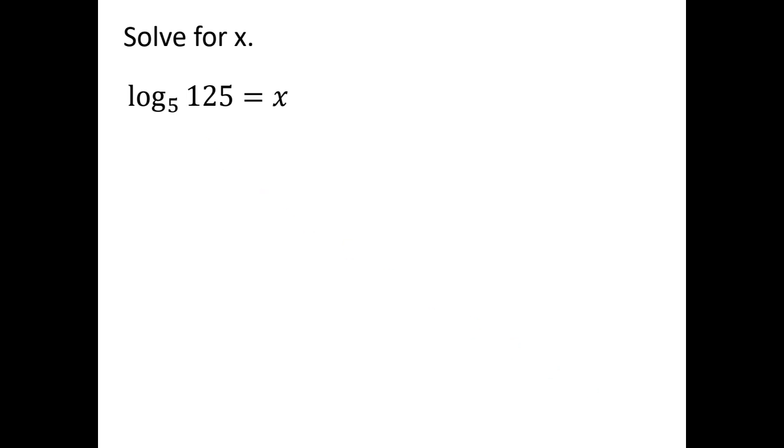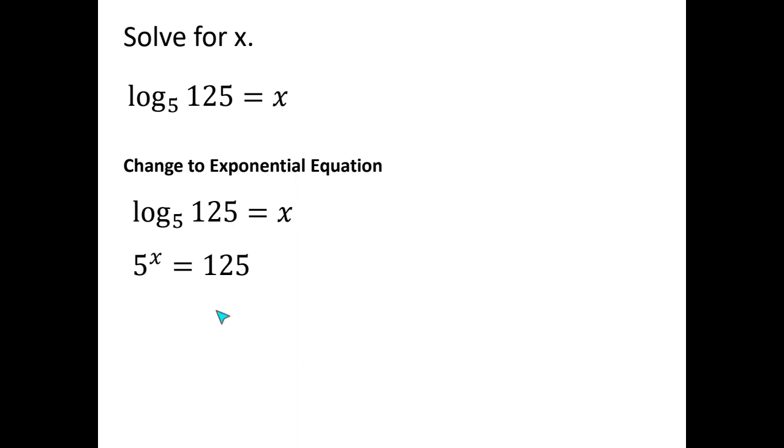One way to solve for x is to rewrite it as an exponential equation. In this example, our base is 5. We write our base, and the log is always equal to the exponent. Since this log is equal to x, then x is going to be our exponent.